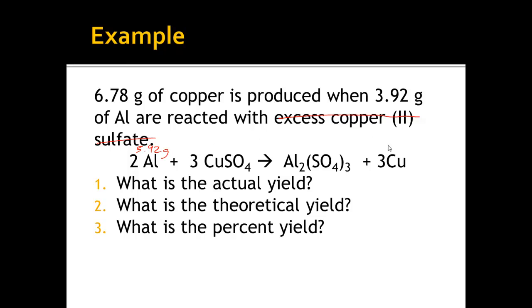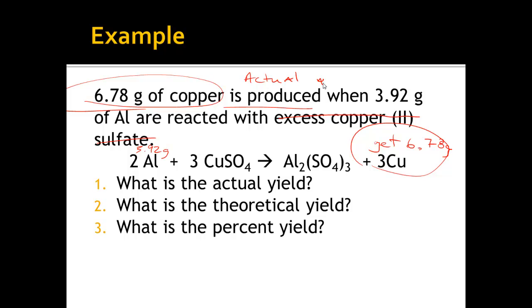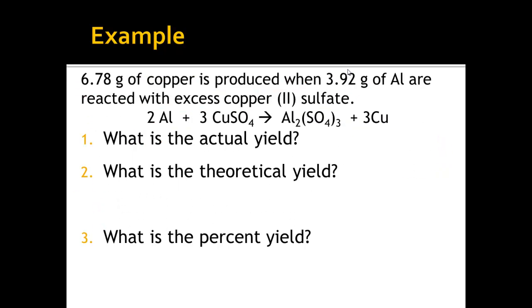And when I do this, I get 6.78 grams of this copper out of it. Okay. This right here, it says is produced. Okay. This is my actual yield. I did this in real life, and this is what I get out of the experiment. Is the 6.78 grams. Theoretical yield is going to be our stoichiometry. So let's break these down.